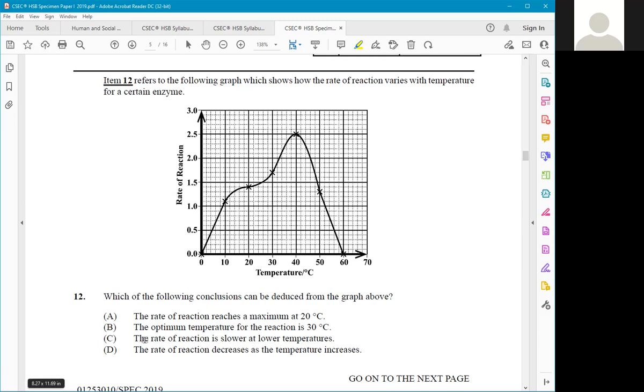And for C, the rate of reaction is slower at lower temperatures. Yeah, it is slower when the temperature is down here, but it is also slower when the temperature is higher than 40. So that question should be thrown away, because there are two correct answers. But if I go to the answer key, it says that the answer is C. That's what they want.